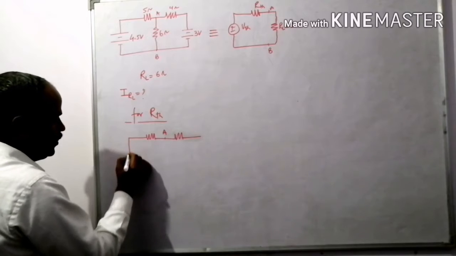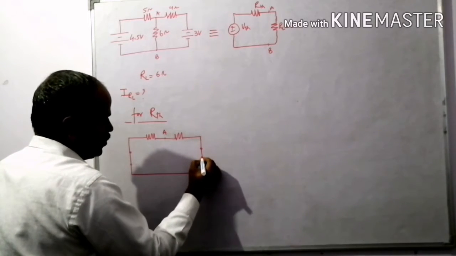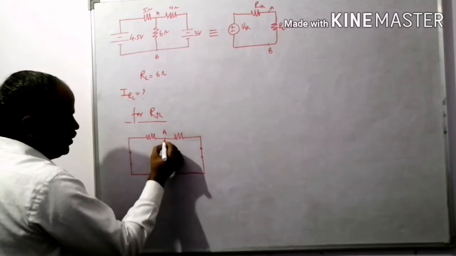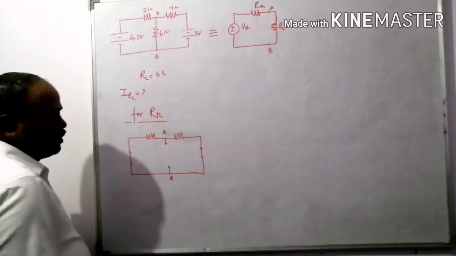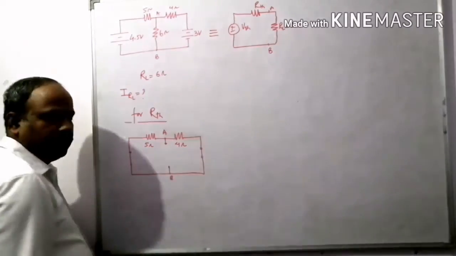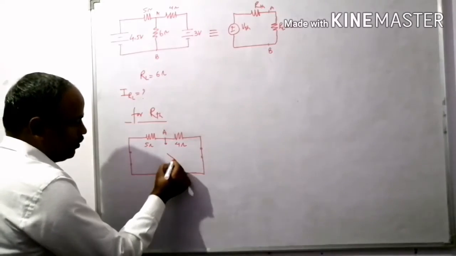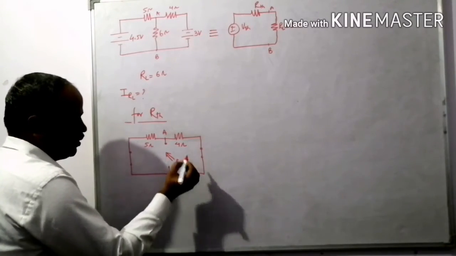This is the point A. Here the source is short circuited. Here another voltage source is also short circuited. This is the point B, and the load is removed. This value is 5 ohm and this value is 4 ohm, and we are going to view it from the load side.